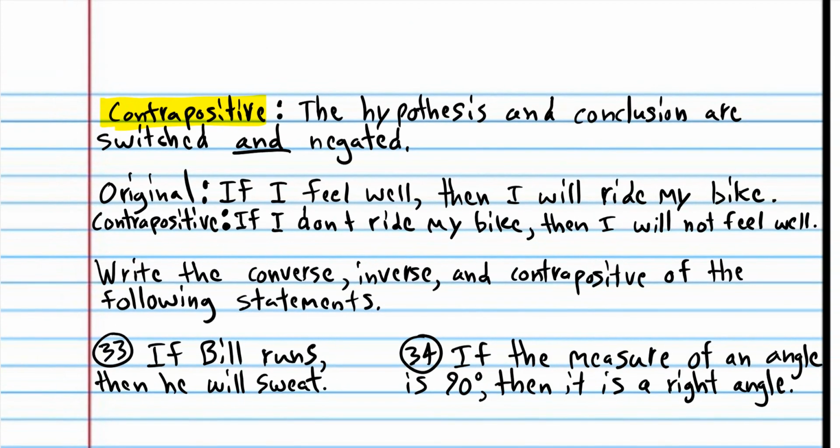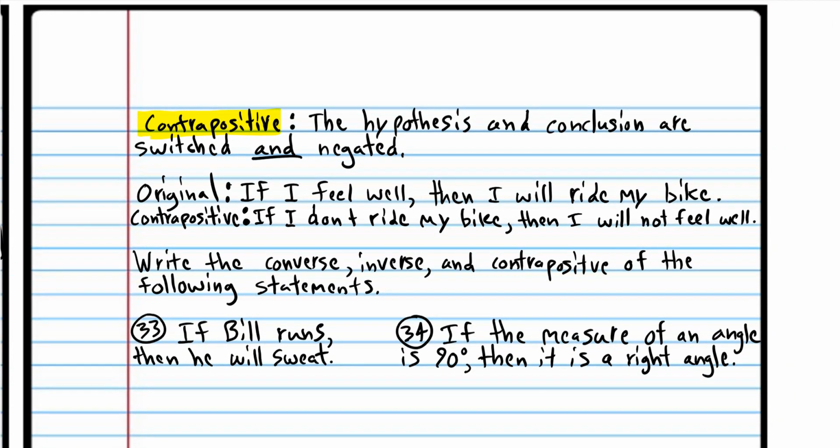So the contrapositive is when the hypothesis and conclusion are switched and they're negated. So I feel well goes down here, and I will ride my bike goes here. So we're switching them like the converse, but we're also negating them.